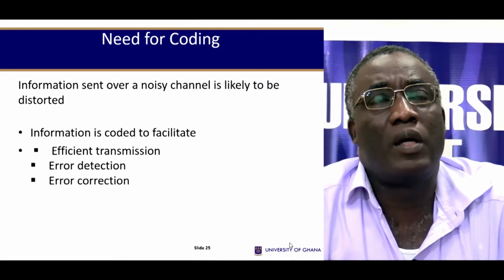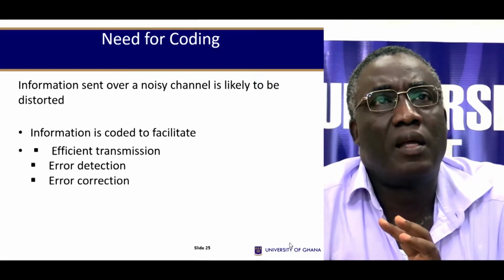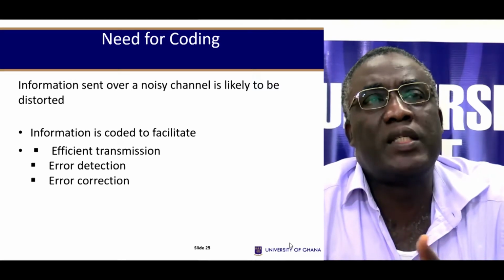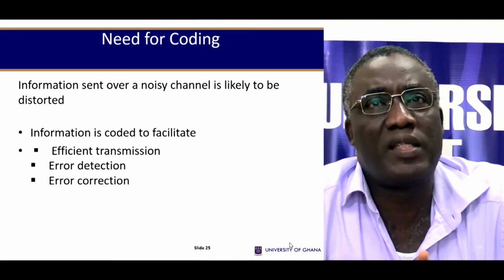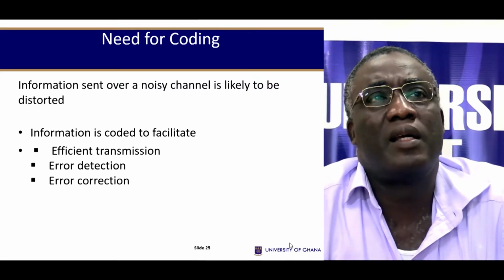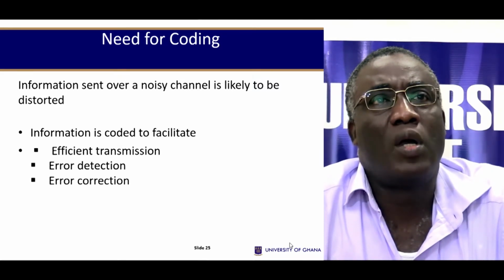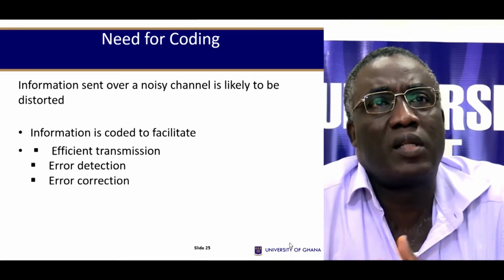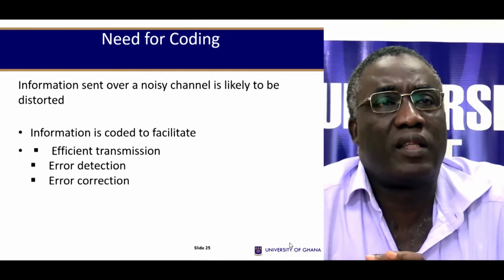And it's important to put the information in a form that will make it not liable to be affected by the medium through which it's being sent. Because normally the medium over which this information is sent is noisy, and therefore the information can become distorted as we transmit it. So we needed to code it, or change the format of the information, so that it will not be affected by the noise. So coding facilitates efficient transmission, error detection, and correction.